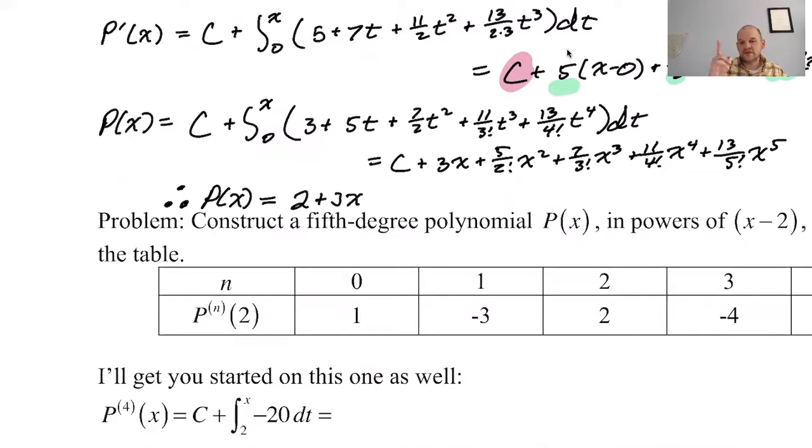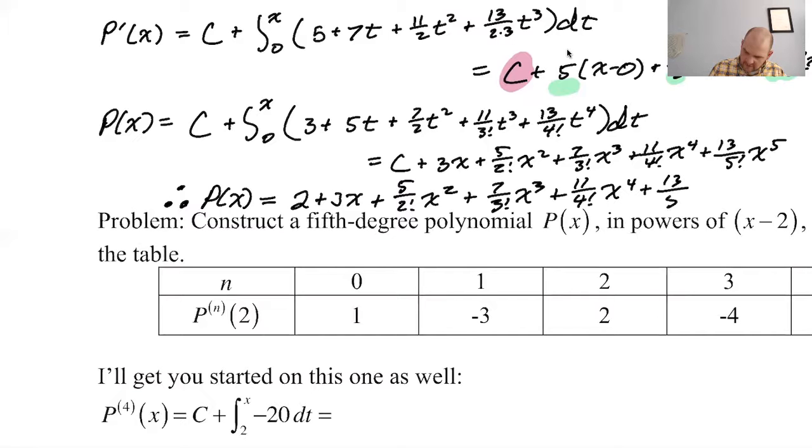That's really 3x to the 1st over 1 factorial, which you could write that way, but I don't think you want to, although you'll find that I do that all the time. Plus 5 over 2 factorial x squared plus 7 over 3 factorial x cubed. So the factorials seem to match the exponent of x minus the center.